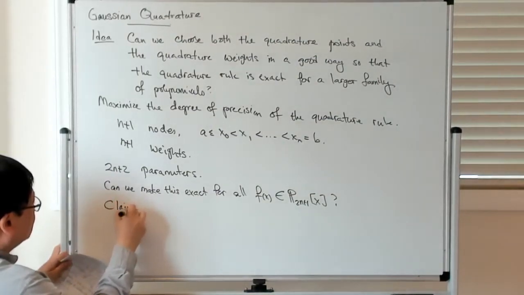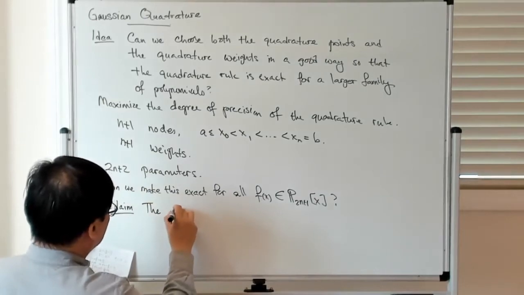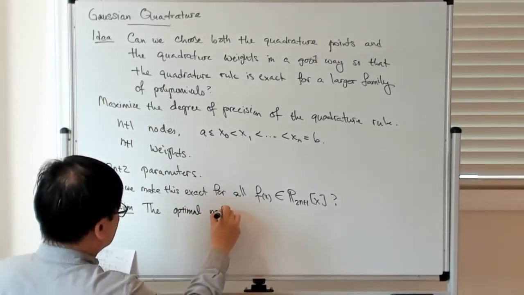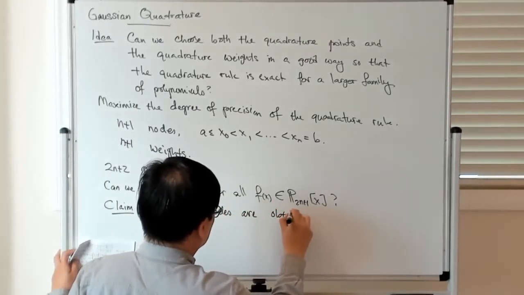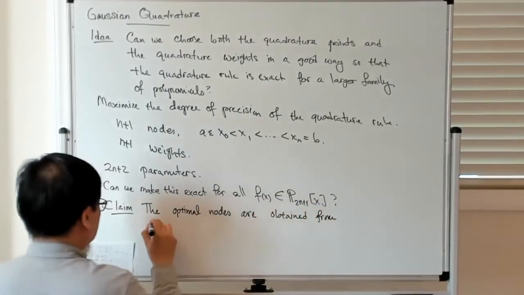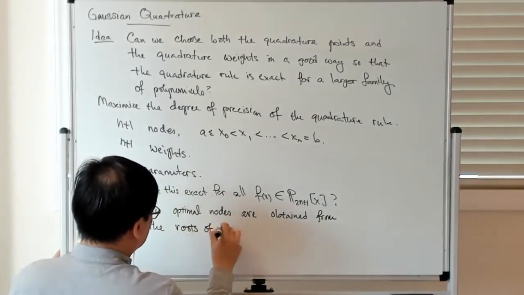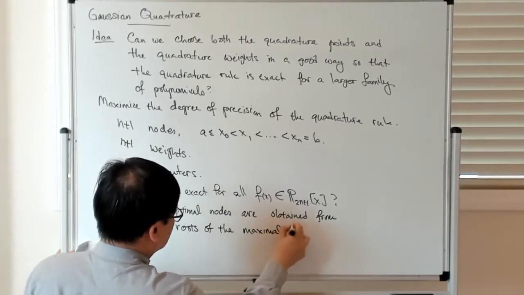The claim is that the optimal nodes are obtained from the roots of the maximal degree orthogonal polynomial.